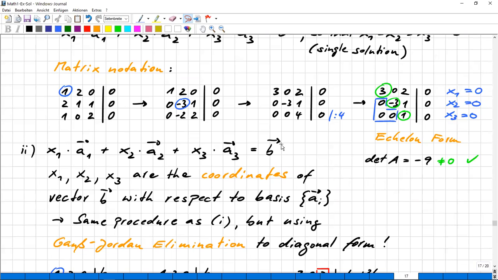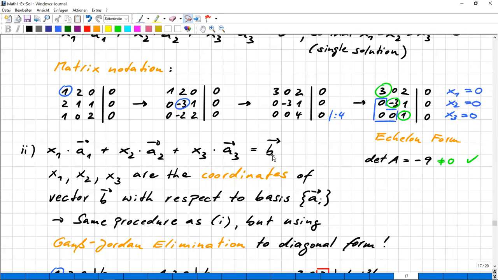It means that if I manage to find a unique representation of vector b by building this sort of linear combination using the basis vectors a1, a2, a3, these weighting factors, x1 to x3, are, I could also have called them b1, b2, but that's dangerous because b1, b2, b3 have already been used for the Cartesian coordinates. But these are now the coordinates of vector b with respect to basis a.